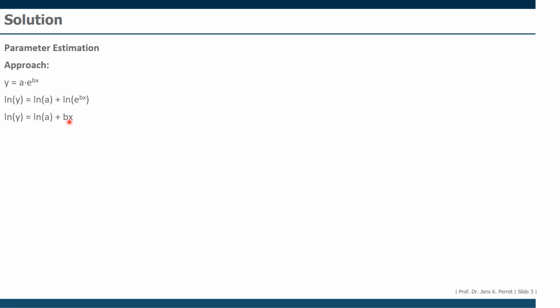So I can simply recalculate first the y, taking the natural logarithm of y, and then run a linear regression with the logarithm of y as dependent and x as independent variable.